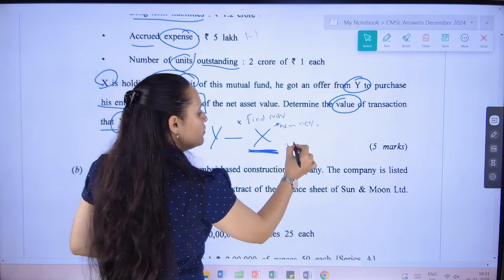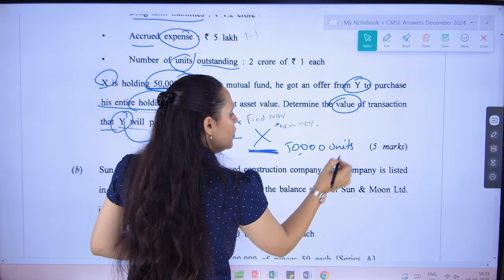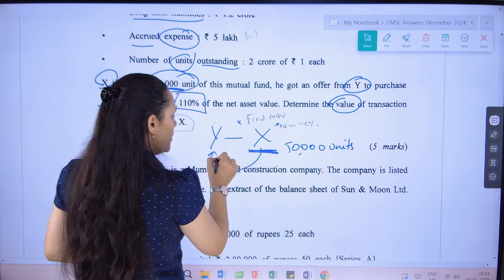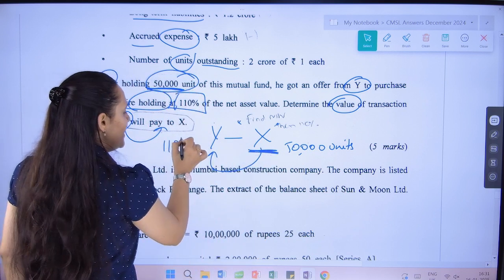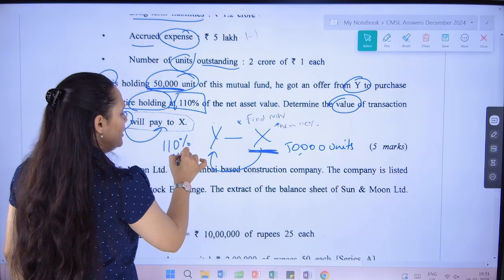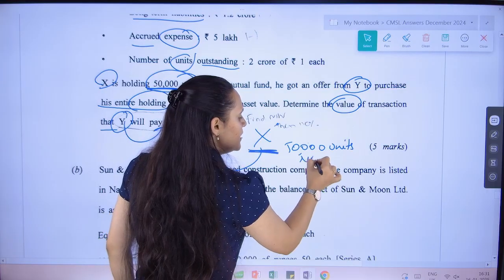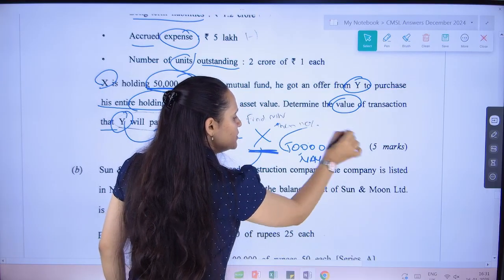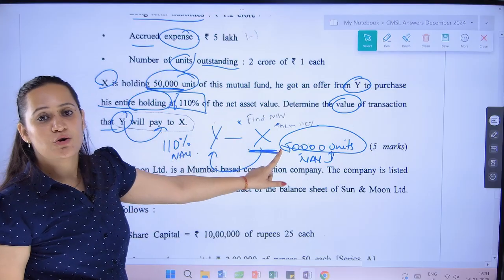Now those 50,000 units of mutual fund have certain value. These are now going to be bought by Y, and he's saying that I'm going to pay 110% of the net asset value to you. So first we should determine what is the net asset value of these 50,000 units. Of that 110%, Y is going to agree to pay to X.